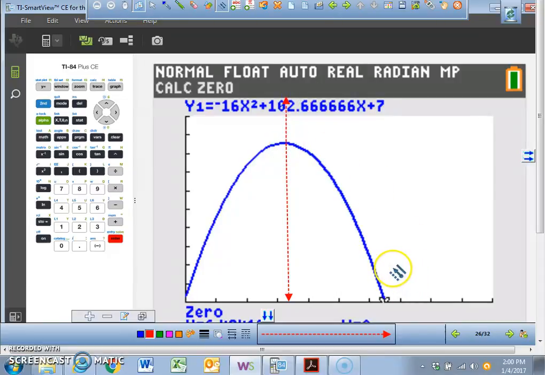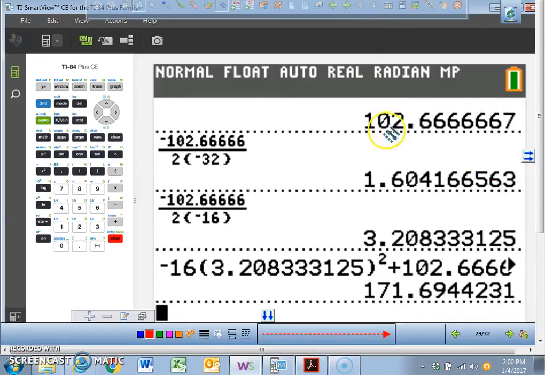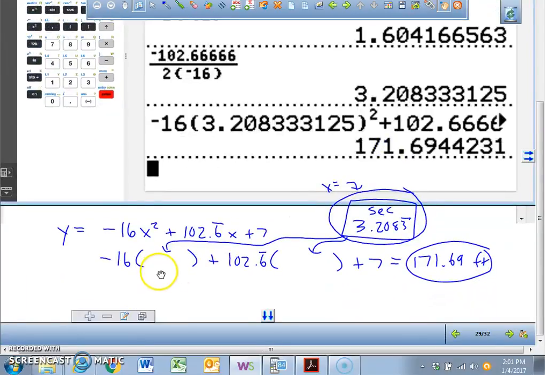And you can find your maximum height without having to do all of the graphing functions of the calculator. You can simply use x equals negative b over 2a, and then whatever you get for that answer, what are you going to do? Plug it in. If you plug it in, that gives you your maximum height.